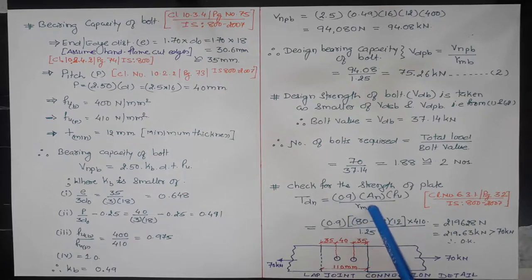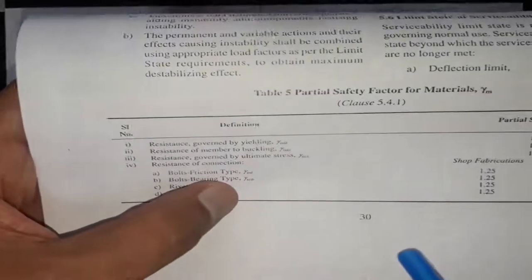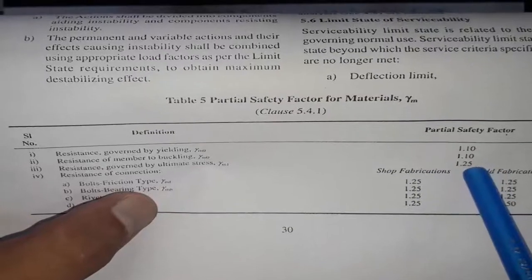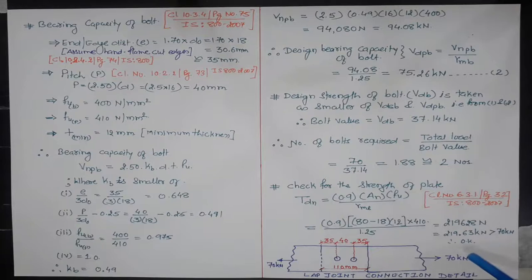This is the factor of safety again given in table number 5, page number 30. Gamma ml is 1.25. Substituting these values, you will get the value 209.63 kilonewton. This is the capacity of plate against rupture.